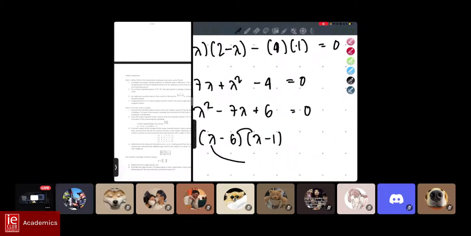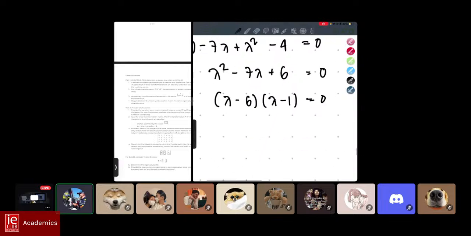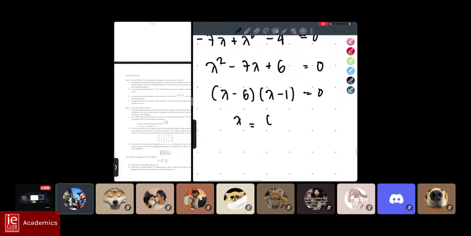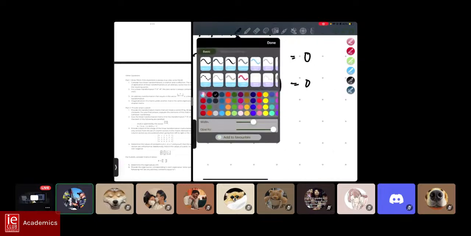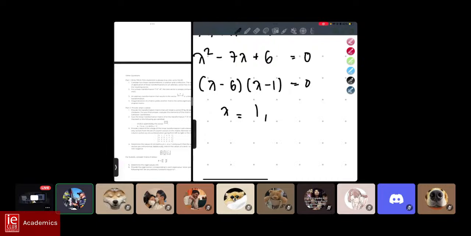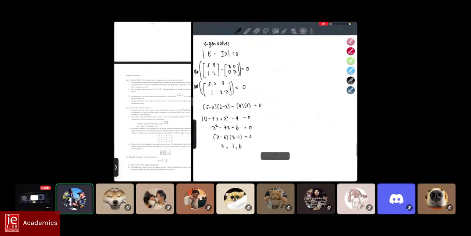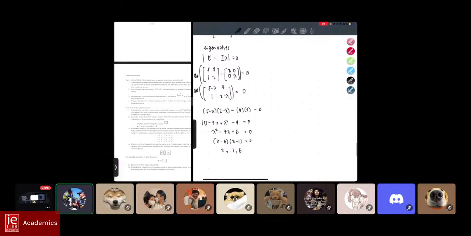Negative 6 minus 1, 7. Okay, correct. So, ayan. It's in factored form, and it's easy to see na lambda is either 6 or 1. Smallest to biggest, no need naman. Personal preference lang. Yan. Okay, so those are the two lambdas.